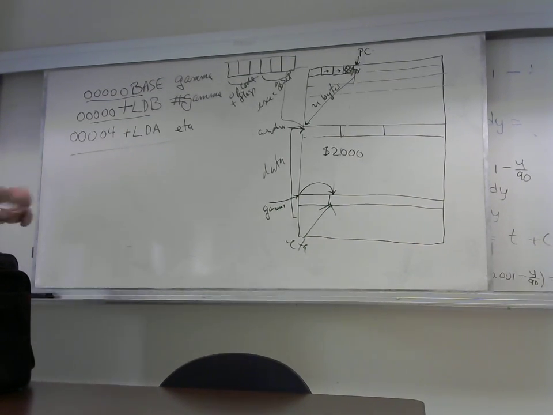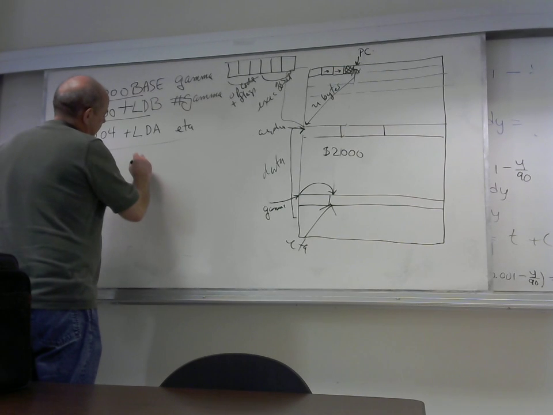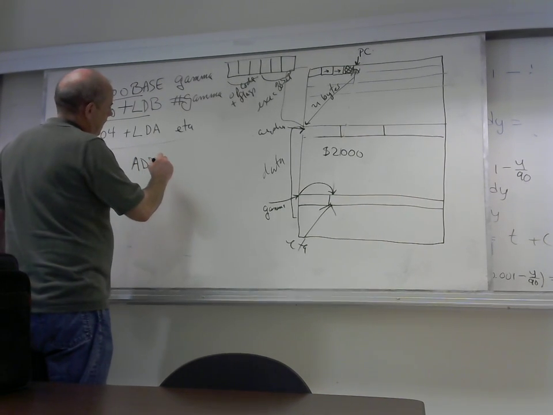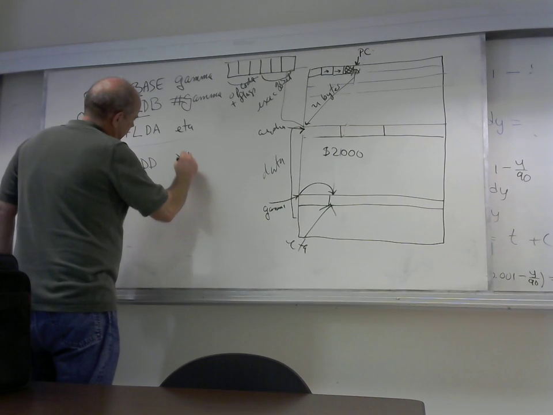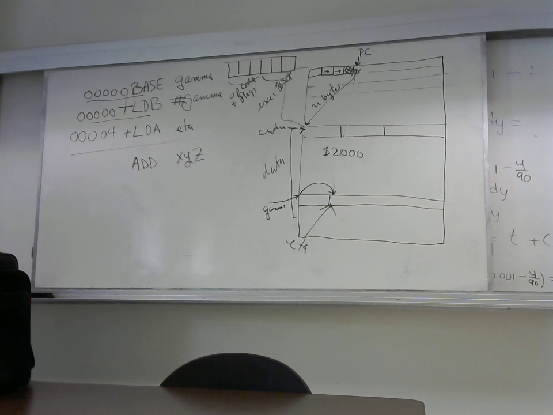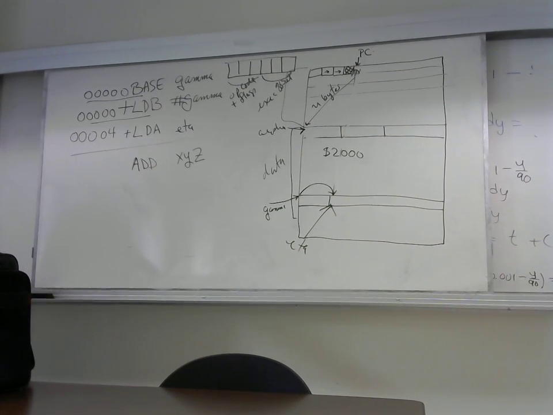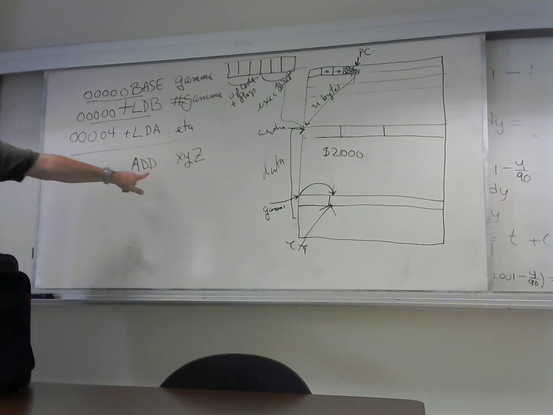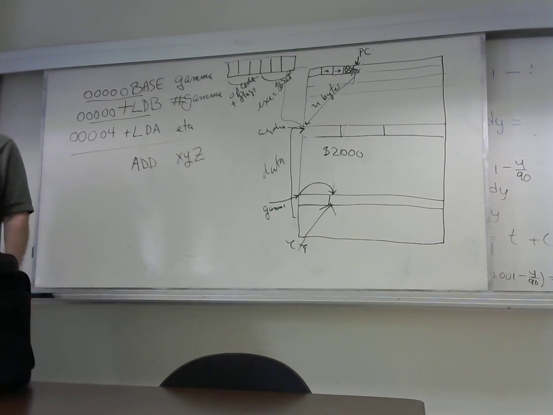But if I have add, I don't know, XYZ, does that mean then that there must be a label XYZ? The fact that this here in the operand field is XYZ, does that mean there has to be an XYZ label somewhere? And the answer is yes, there must be. You have to have defined XYZ, otherwise it has no meaning.